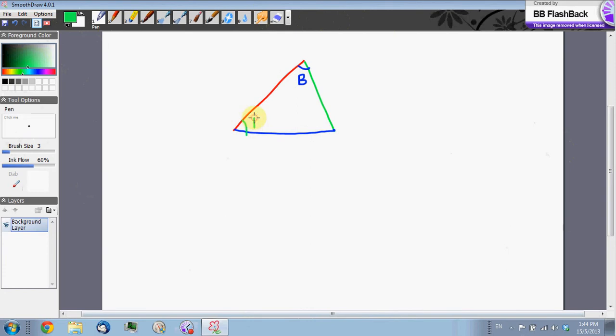Angle A, and I'm going to name this angle C. So the length of this is A. Oh, my bad, this length is C. This length is A, and yes, you're right, this length is B.